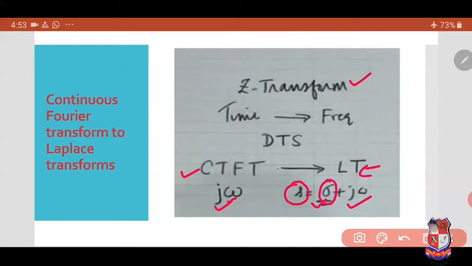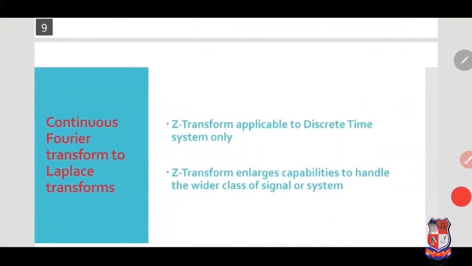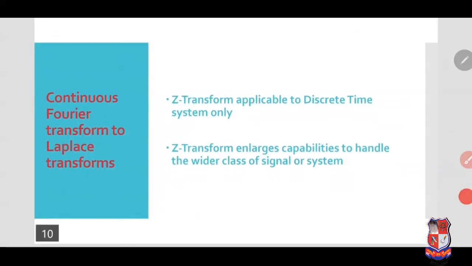So this was the basic motivation for going from CTFT, the continuous Fourier transform, to the Laplace transform. These are some of the basics that we must know when we move towards the Z transform, so we have some idea regarding the Fourier transform as well as the Laplace transform.